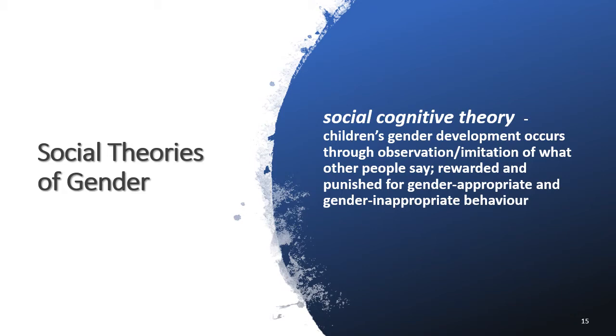Children's gender development occurs through their observation and imitation of what they see other people doing, that they actually get rewarded for behaving in gender specific ways, or perhaps de-incentivized from behaving in quote unquote gender inappropriate ways, right? So social cognitive theory is this idea that they're learning what is allowed.